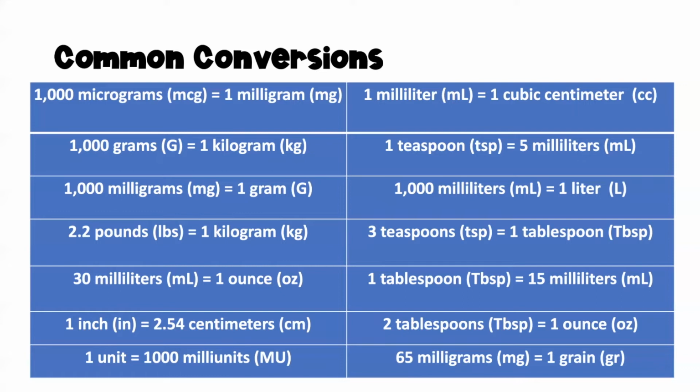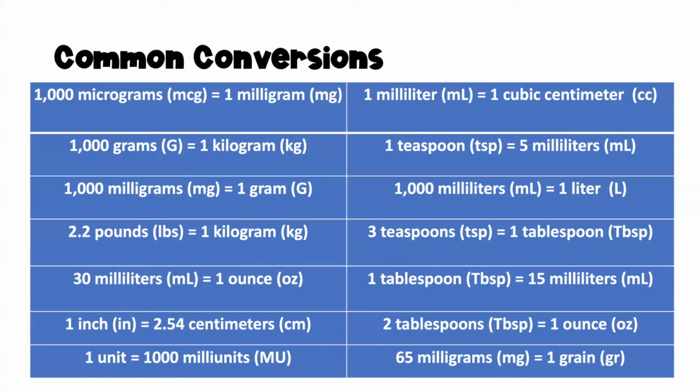Now, CC, the abbreviation in and of itself, is actually a do not use abbreviation because it's easily confused. Nurses don't know what it means, and they can confuse it for centimeters or something else. But if you were to see CC on a provider's order, that is the equivalent of 1 milliliter. So 1 milliliter, 1 cubic centimeter. However, you won't see that on standardized testing.